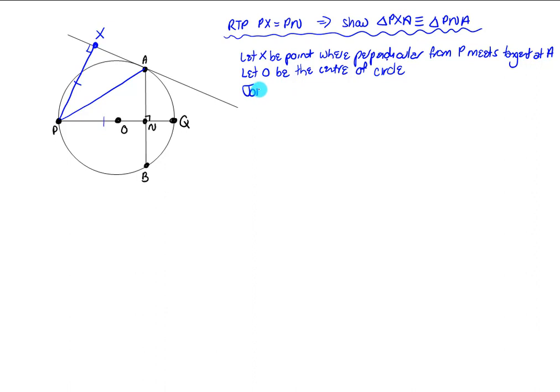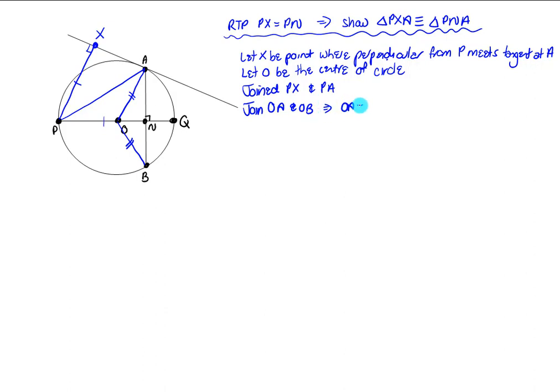And we joined PX and PA. Now let's go back and ask, well, what can we do here? Where can we go? The first time, use what you know. Draw in the radii because you know that they're equal. So join OA and OB.